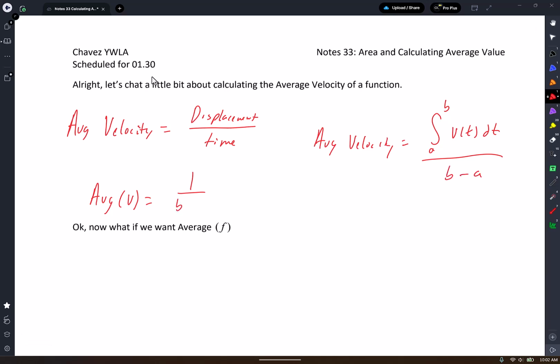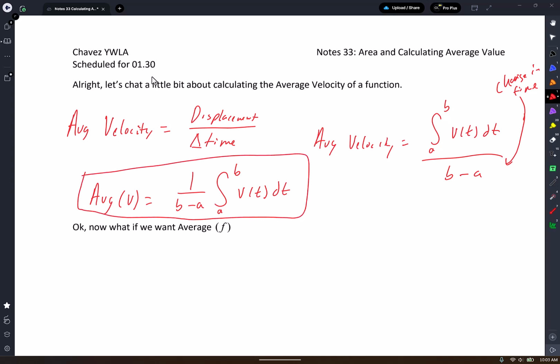So 1 over b minus a times the integral from a to b of v of t dt. So the b minus a is the change in time. Nothing crazy. Do you guys agree with this statement?